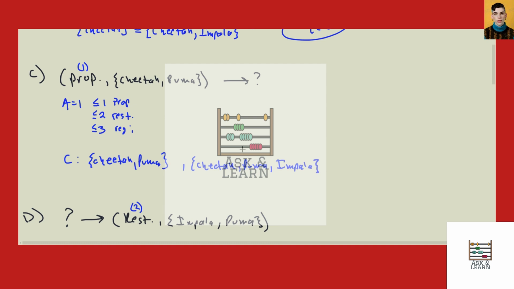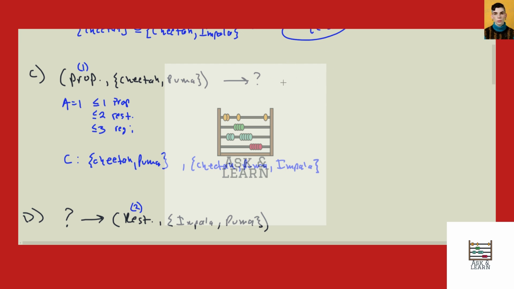Okay, so let's go ahead and write these out now. We can start with security clearance 1 and then just do Cheetah Puma because a group can pass information to itself.